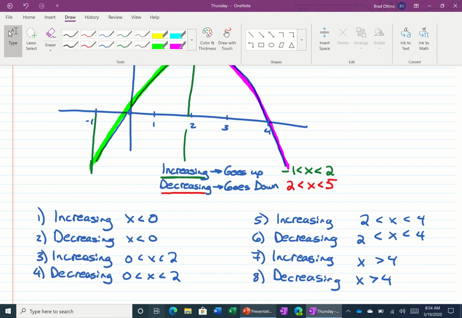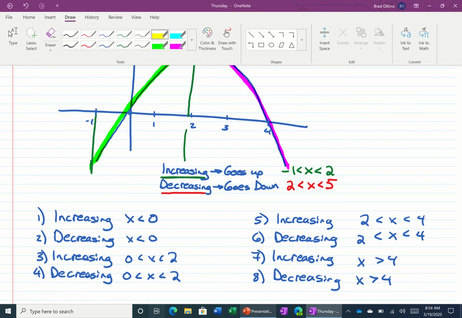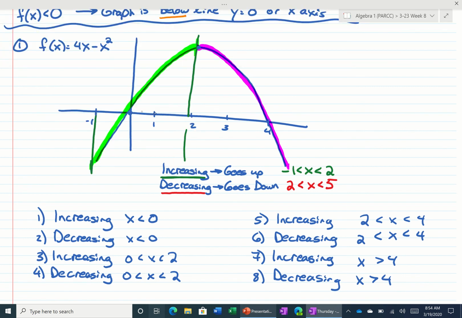For the first one, the graph is increasing when x is less than 0. So when x is less than 0, that would be over here. This is 0. When x is less than 0, what's the graph doing? It's increasing, so that would be correct. It's not decreasing because it's not going down.